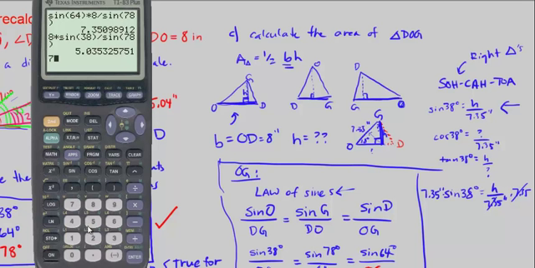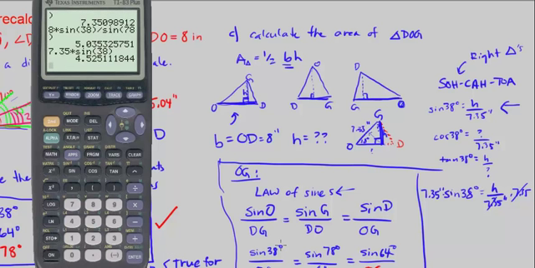We get 7.35 times sine of 38 degrees, and we get H is approximately 4.525.